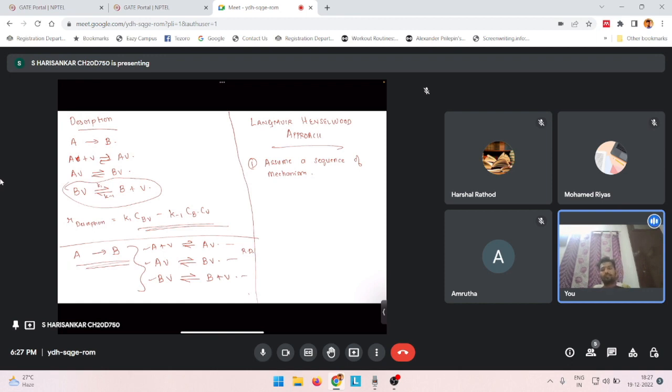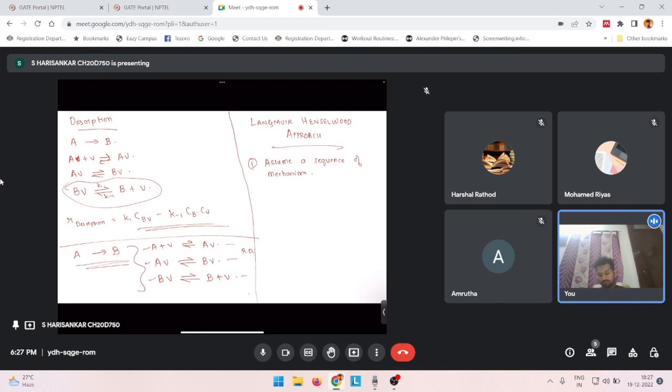That means the product is also adsorbed on the active site. Then the product from the active site will get desorbed to give the product and a vacant site. So this is our sequence of mechanism for most of the general cases.